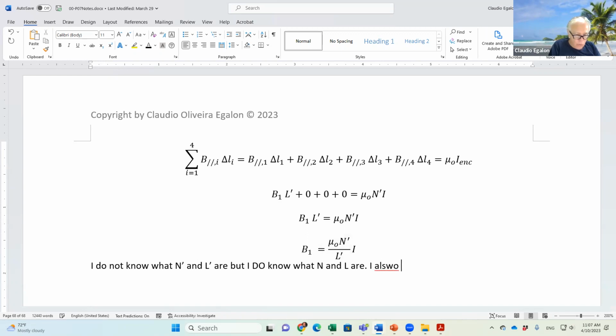I also know that the wire was uniformly wound around the tube.